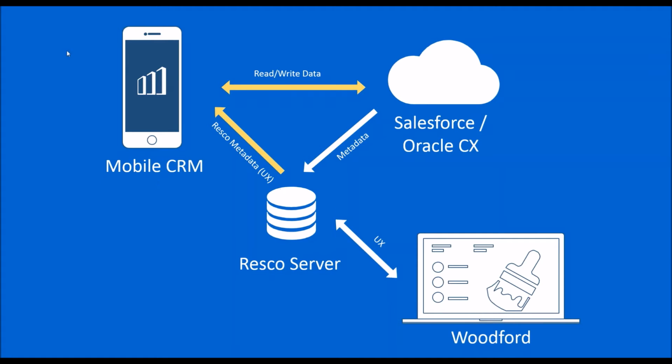Then the next step is using of mobile application, where this metadata or user experience definition is downloaded to the mobile CRM application, and the mobile application updates accordingly as you are used with Woodford and Dynamics CRM. However, the data synchronization is direct, so there is no data going from Resco server to mobile CRM, only the metadata. Therefore, the data synchronization goes directly from Salesforce or Oracle to Mobile CRM.